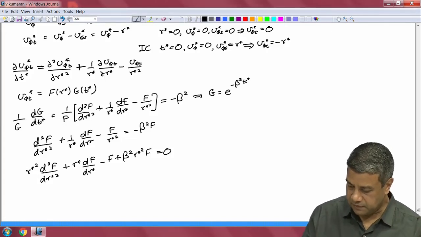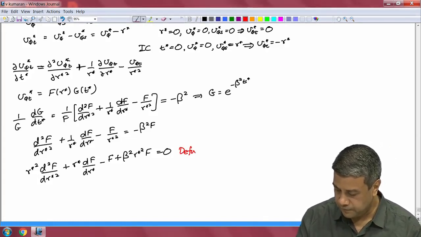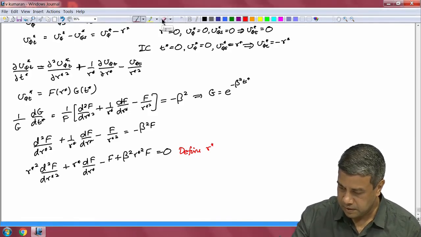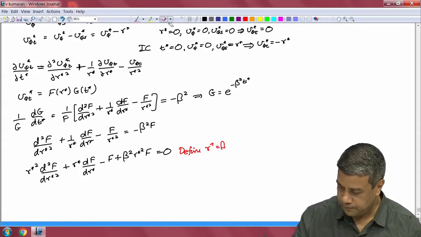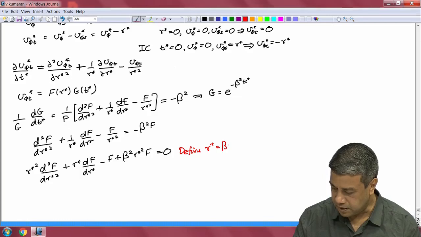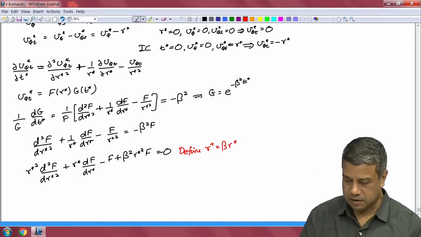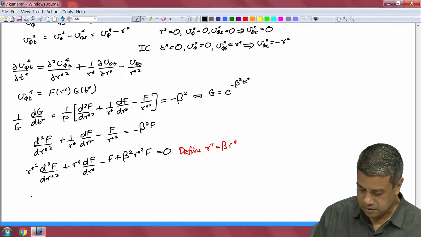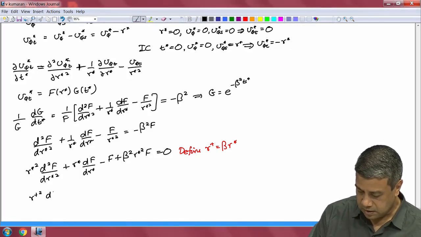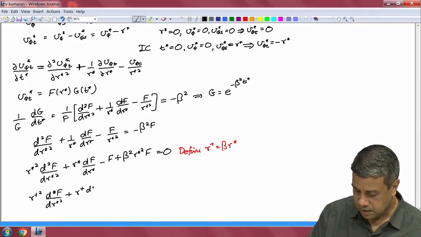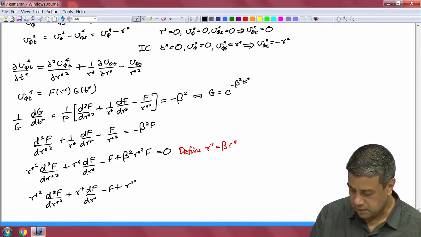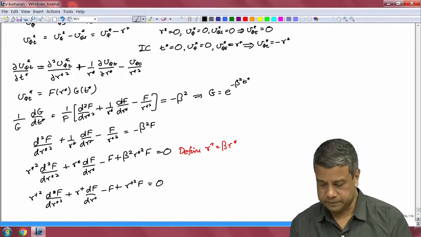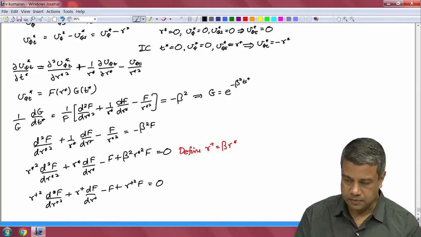Therefore, if I define R plus is equal to beta R star, then the equation reduces to R plus square d square f by d R plus square plus R plus df by d R plus minus f plus R plus square f is equal to 0. Okay, that is the equation that we get.